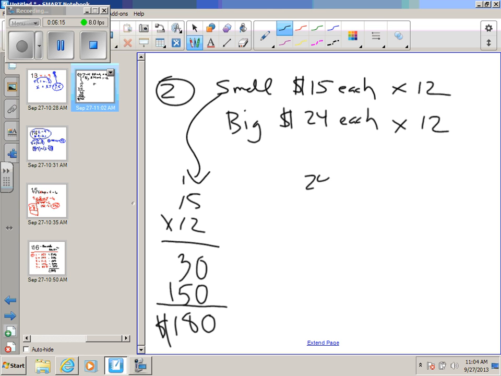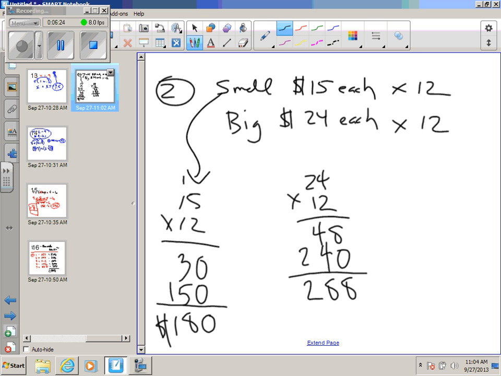So just to see, that's 288. So 200 roughly plus 300, we're looking at something just a shade under 500. So he's not even just like a little off, he's like way off. Okay? Way off.